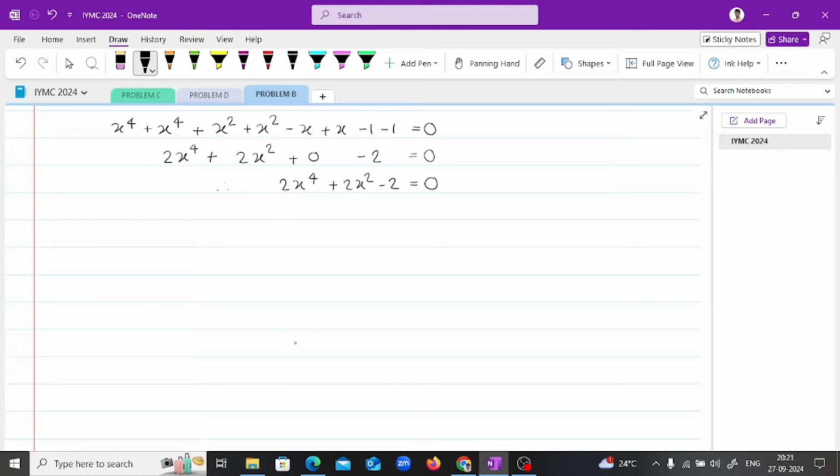Okay, so here I have just rearranged the terms and combined all the like terms. Next, in the next step we will divide the entire equation by 2 to make it simpler.